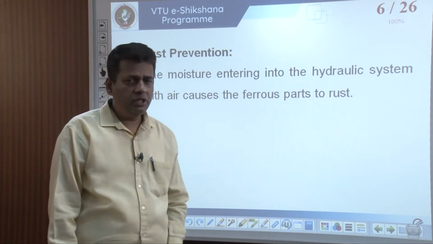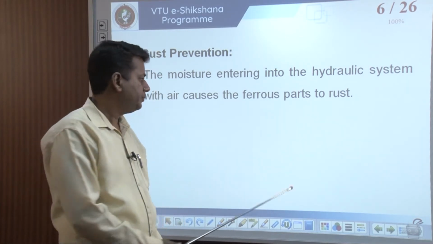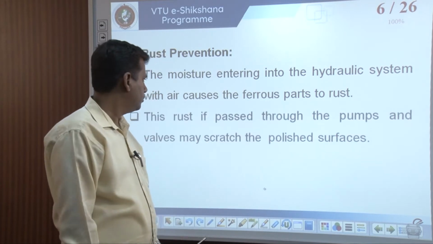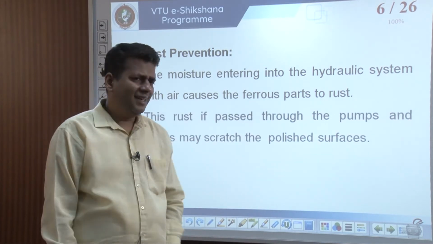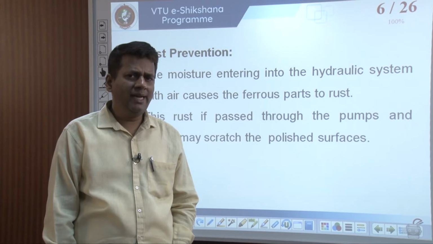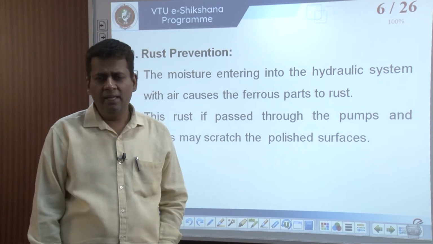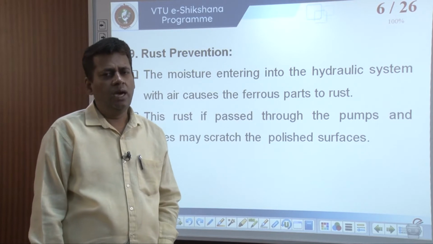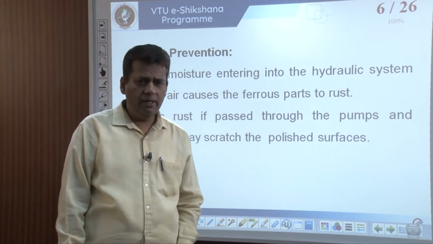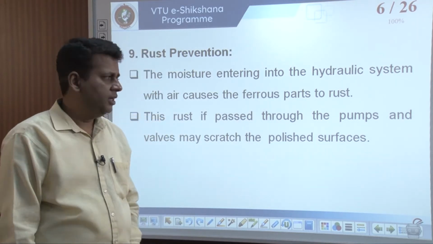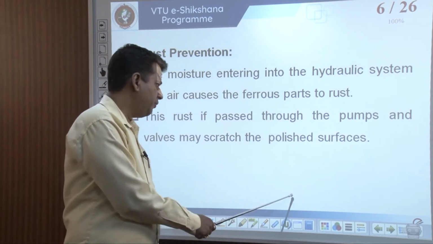The contamination of the oil itself. So, this rust is passed on to critical elements like pumps and other valves in the pathway of the typical components involved in hydraulic and pneumatic systems and results in underperformance.